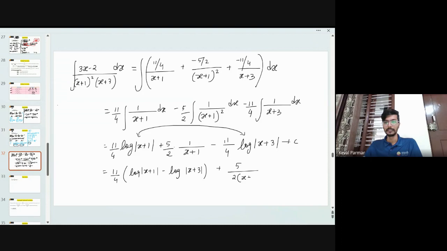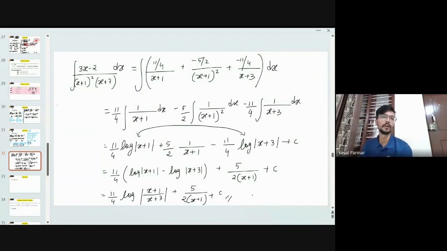So 11 upon 4 into log mod (x plus 1) upon (x plus 3) plus 5 upon 2 into (x plus 1) plus c. This is my answer. I hope you got it.